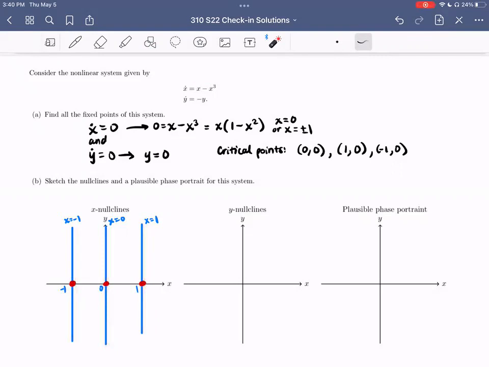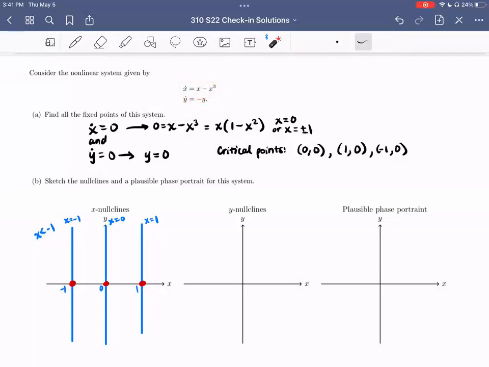Now, from this information, we can actually figure out what's going on with the x variable to the left of the nullclines and to the right of the nullclines and in between. Well, when we're on the left of this nullcline, x is less than negative 1. And we want to ask, well, what's happening with x of t when x is less than negative 1?